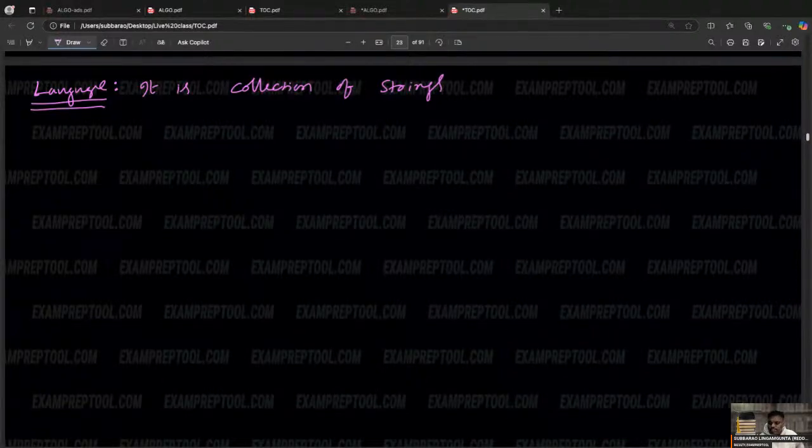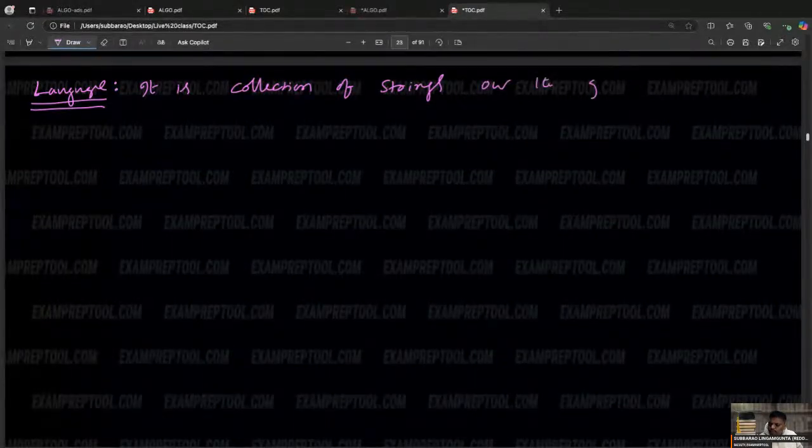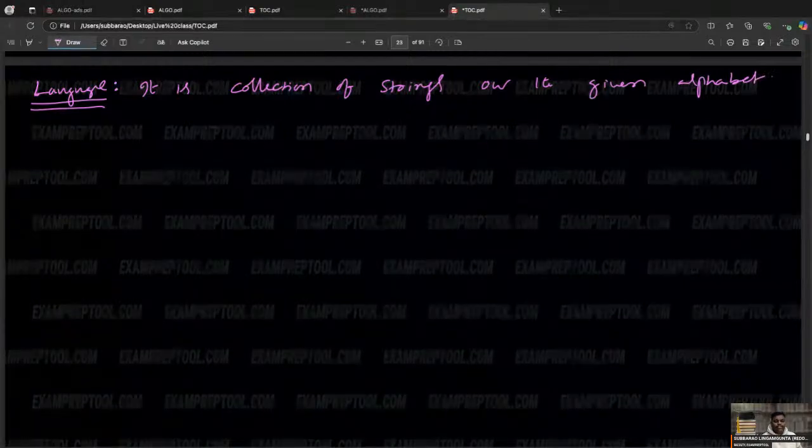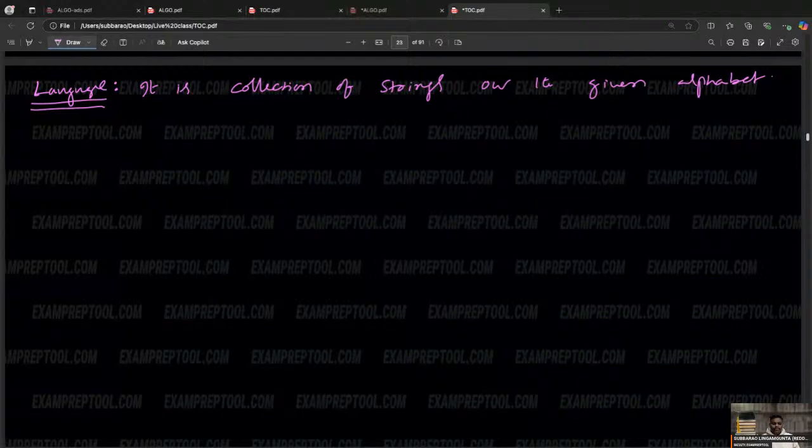It is a collection of strings over the given alphabet. When you say English language, it is a collection of strings only. When you say Hindi language, or any language, it is a collection of strings only. It is a collection of strings over the given alphabet.